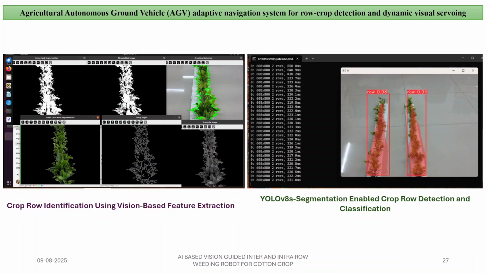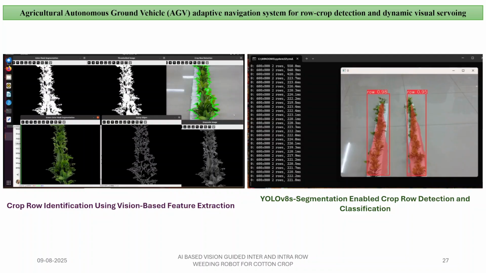You can see that through color mask segmentation, threshold imaging, green color mask segmentation, Canny edge detection, as well as through grayscale image, first of all I am segregating the entire crop row which I would be getting through my robot.